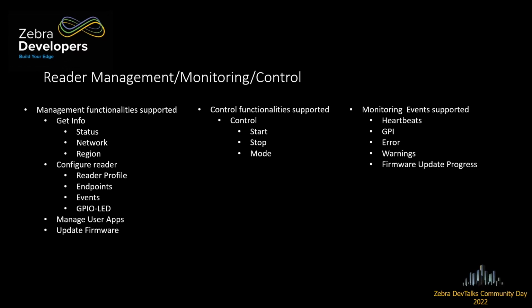So you can configure what events you are interested in, and depending on what events are triggered, how you want to control the GPIO and LEDs. And the reader will autonomously, once it receives that configuration, control the GPIOs and LEDs according to your configuration, without you having to actively control that from the application. I'll also demo this in a little bit.